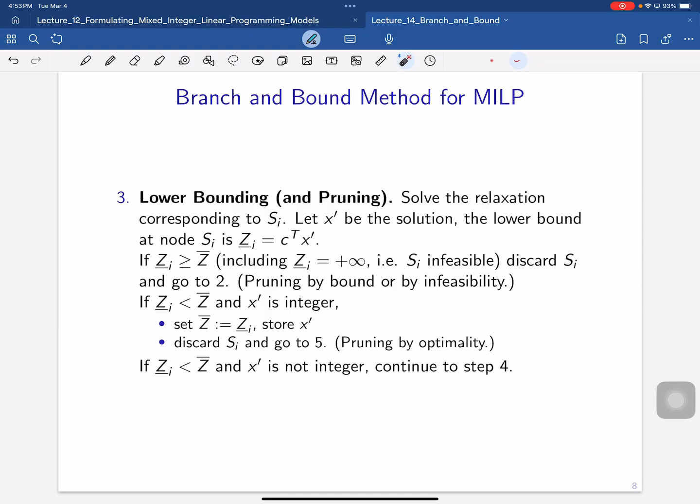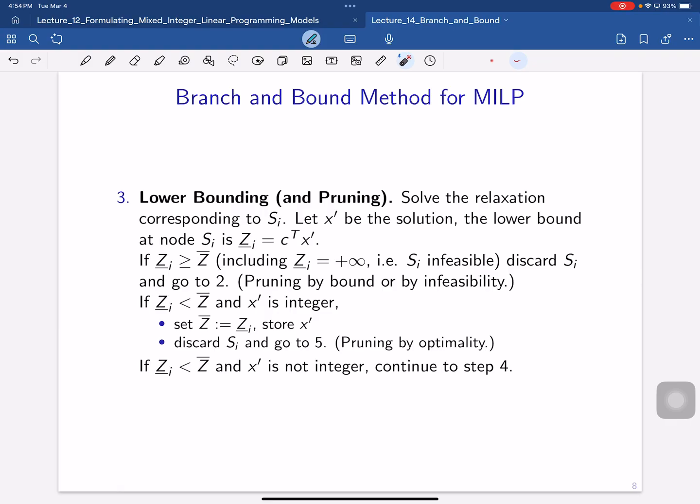Now the other case is when the lower bound is strictly less than the global upper bound. That means potentially you can still find a better solution than the global upper bound. In this case, if this x prime happens to be integer, as I said, we can prune by optimality, because the relaxation is feasible.